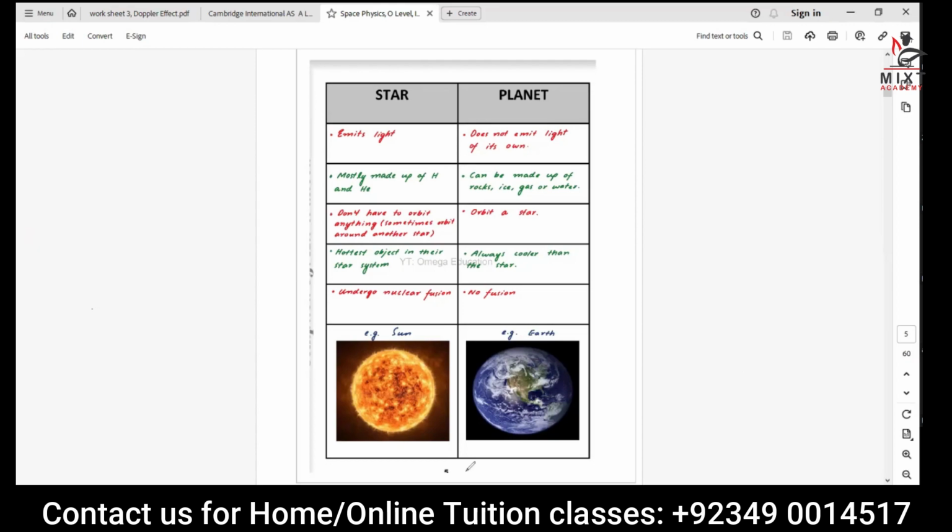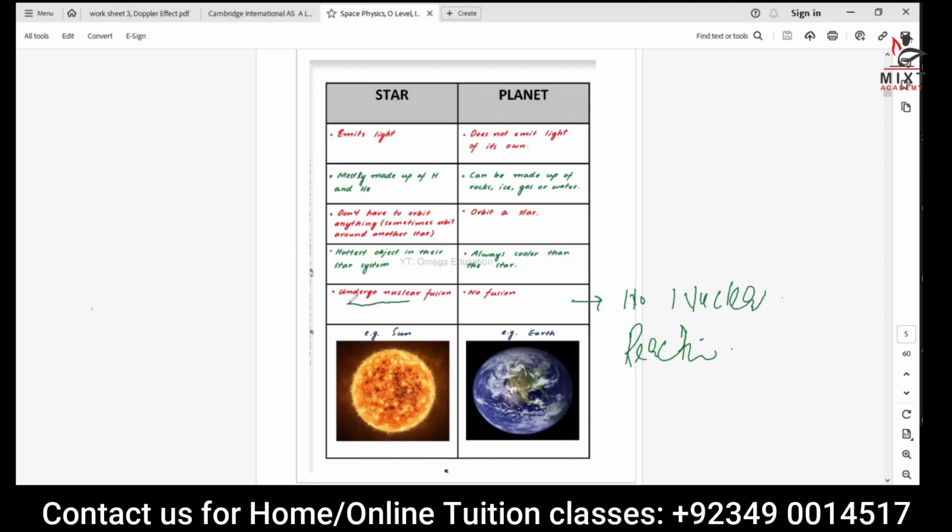Okay. One very important thing, there is no nuclear reaction on the planet. Okay? No nuclear reaction in planet, whereas in star there is a nuclear reaction.